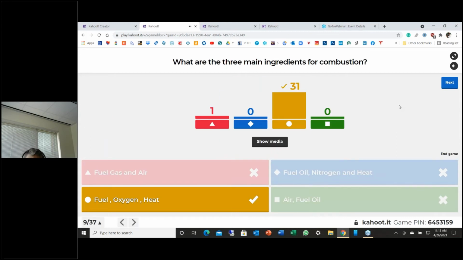Thank you. Everybody got it right. Fuel, oxygen, and heat. These are the three things we need to start the combustion. But once we have the heat, then the combustion is self-sustaining.